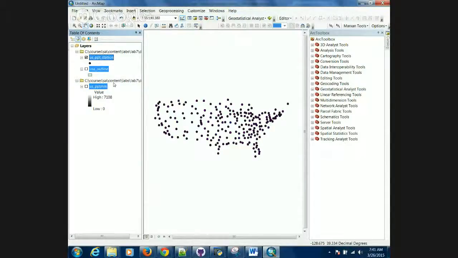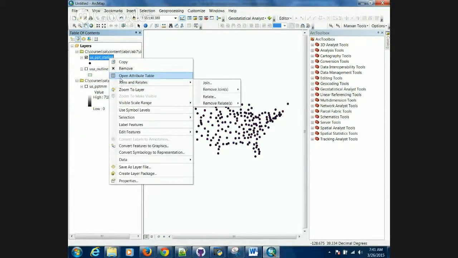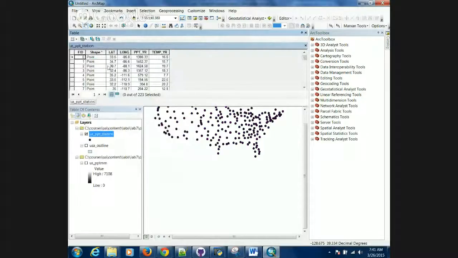In fact, we're going to be using precipitation as the example as we work through the lab, but then at the very end, I have you also look at temperature. So both of that information is in there. We've got 5 fields. We've got the latitude and longitude, and those were actually imported along with the data set.